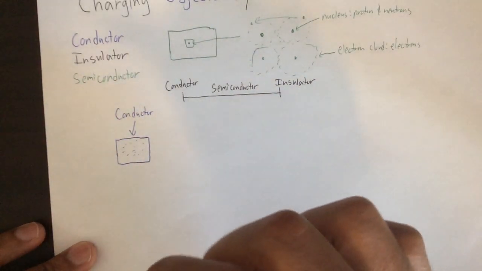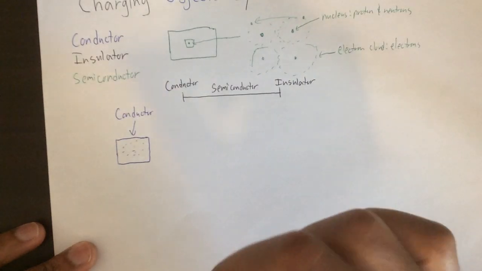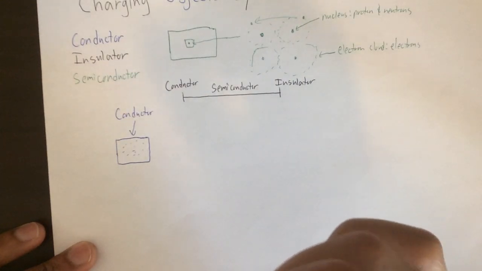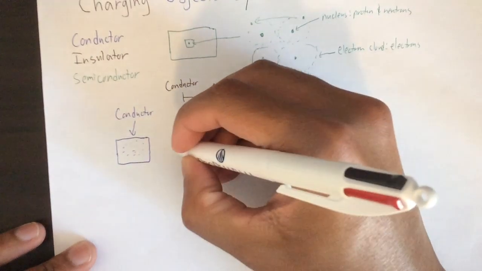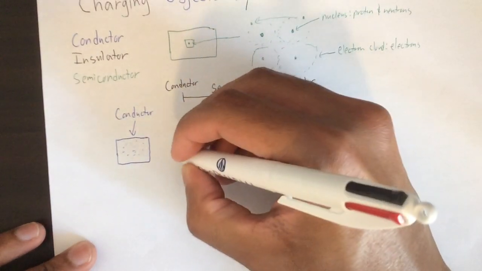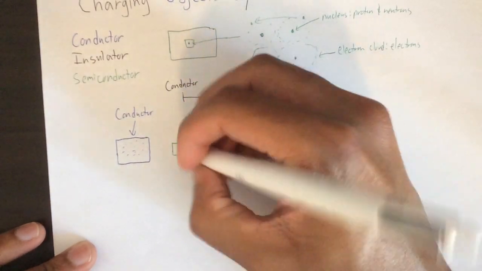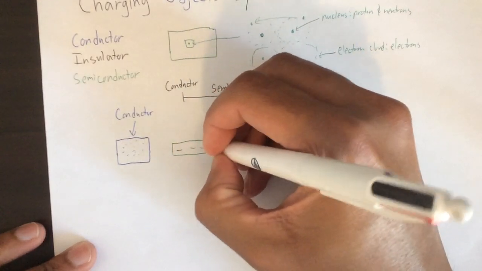Now let's say we have a rod, and let's say this rod is negatively charged.